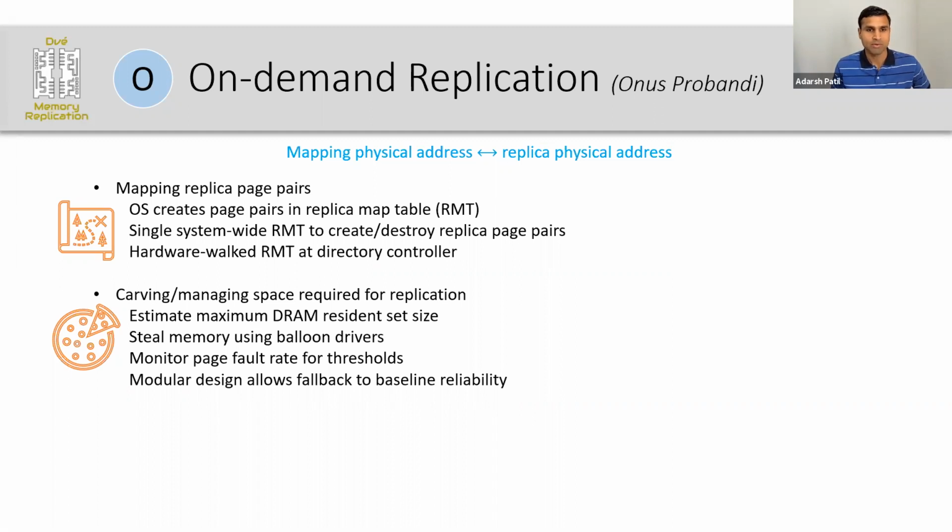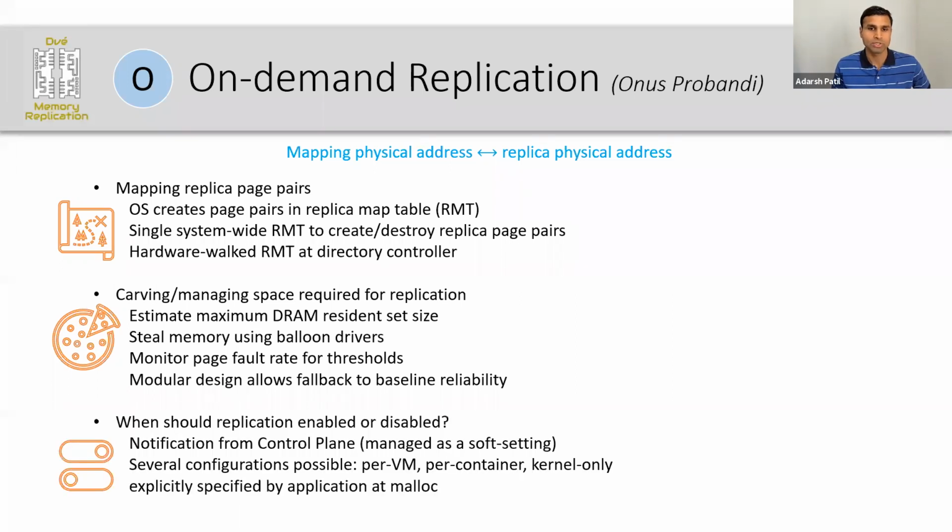The last aspect of the support is to answer when replication should be enabled or disabled. We defer this decision to be managed as a soft setting by the control plane. That is, the server management and workload placement infrastructure make the enable or disable decision depending on the requirement of the workload.